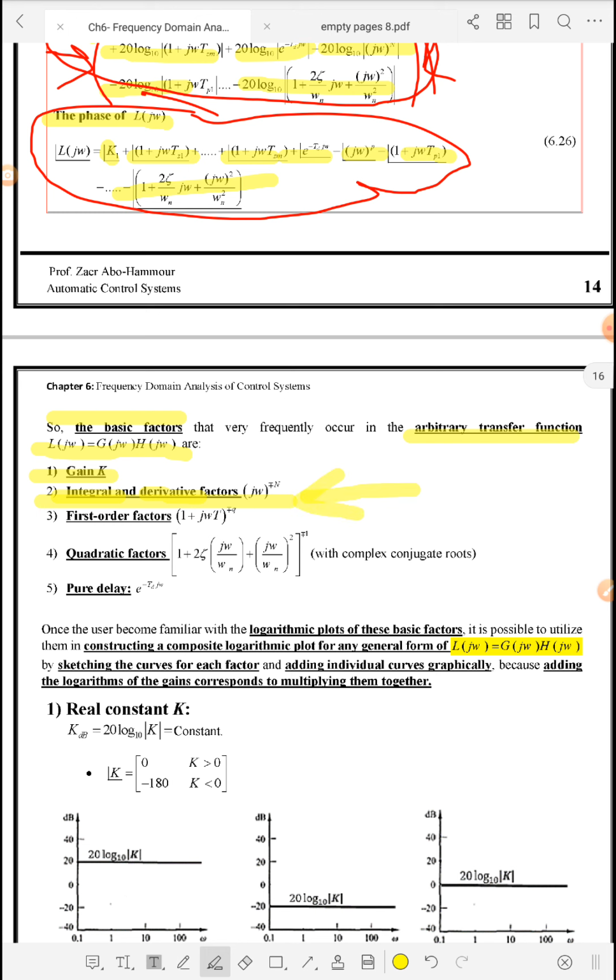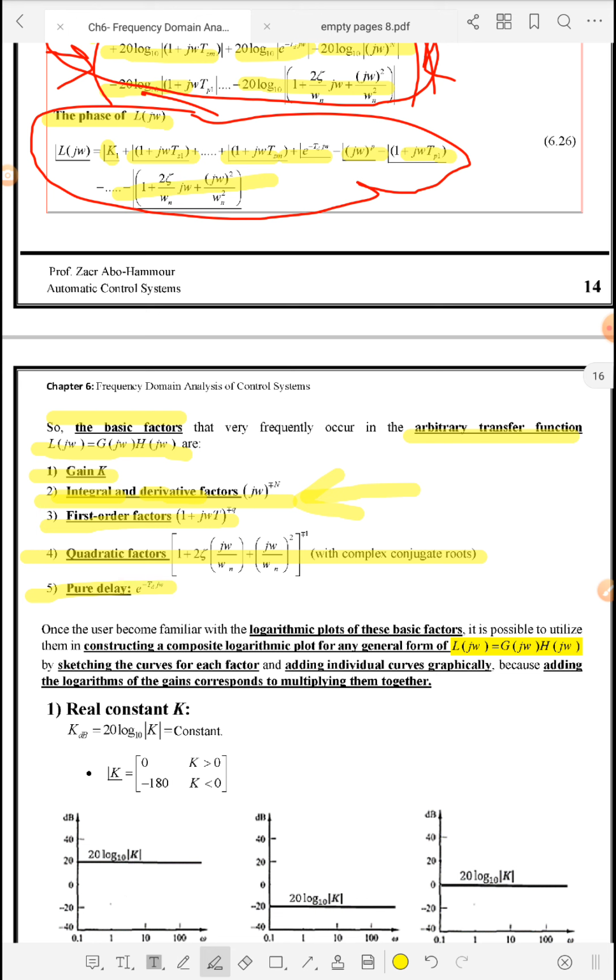The third term is real poles or zeros of multiplicity Q. The fourth term is the complex conjugate roots, and the fifth term is the pure delay. So these are the most comprehensive terms that we can find in any arbitrary loop transfer function.